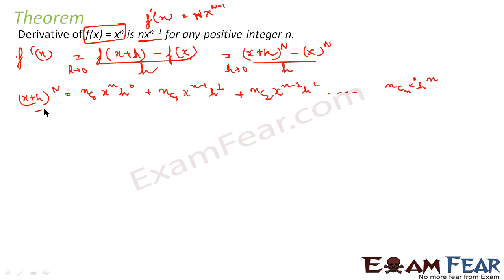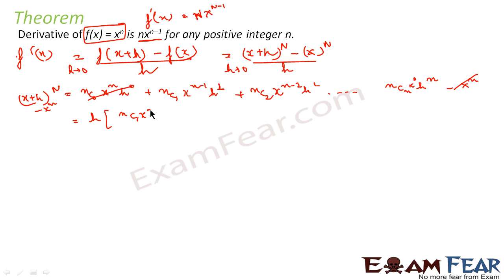Now from this we subtract x to the power n. nC0 is also 1 and x to the power 0 is 1, so this is nothing but x to the power n. So this part and this part you can cancel. And here we can take h common because everything has h.